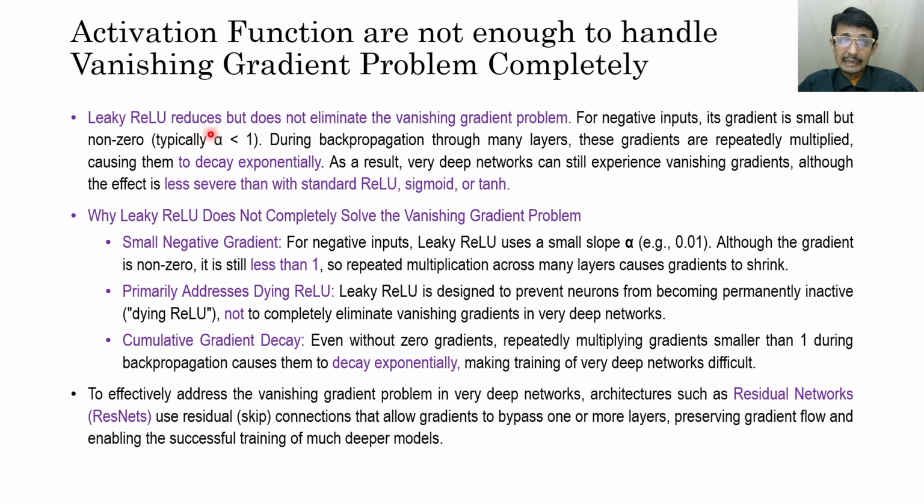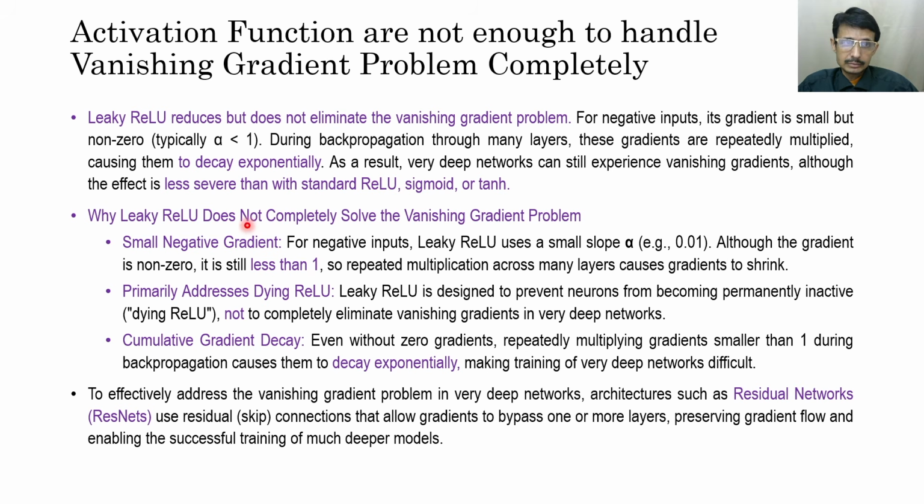So first we start with leaky ReLU. This leaky ReLU reduces this problem but does not eliminate the vanishing gradient. For negative inputs, its gradient is small but non-zero, typically alpha less than 1. During backpropagation through many layers, these gradients are repeatedly multiplied, causing them to decay exponentially. So still there is a problem. As a result, very deep networks can still experience vanishing gradients, although the effect is less severe than with standard ReLU, sigmoid or tanh. So leaky ReLU is good but not enough.